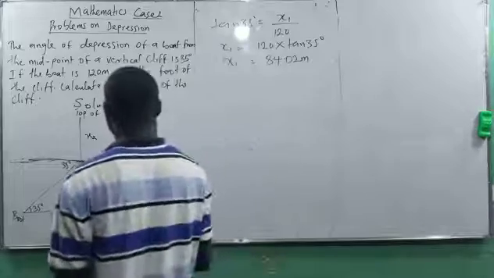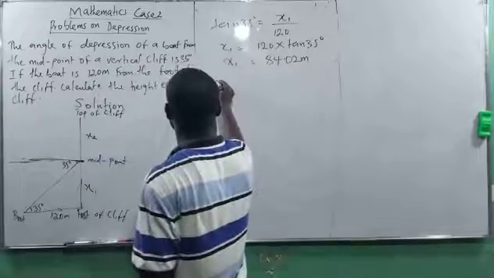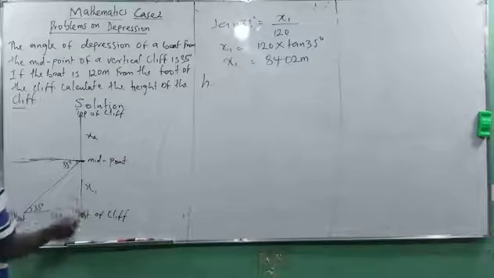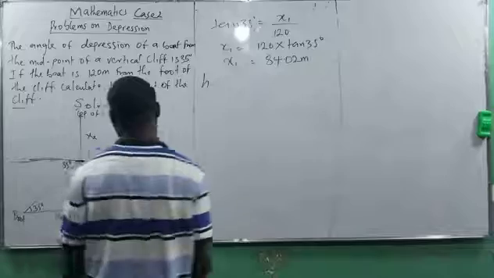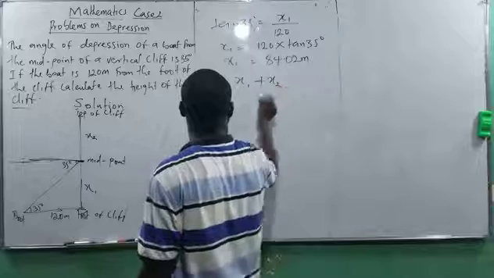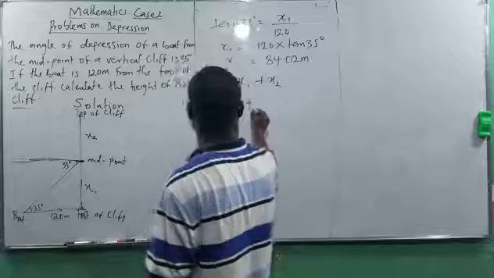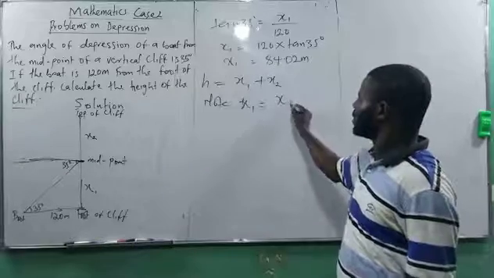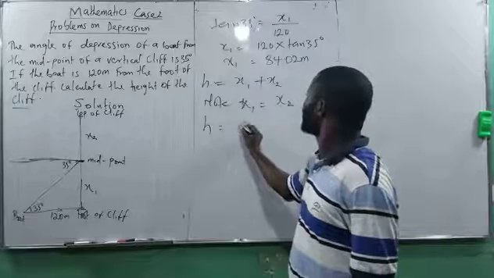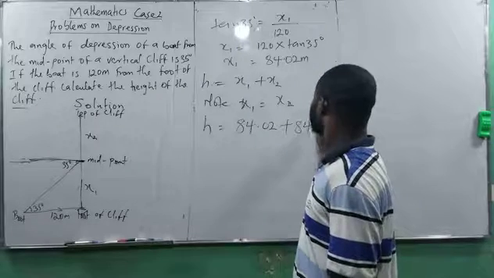Now I know that the height, I'm talking about the height of the cliff. Now it means from here to here, that is the height. I'm talking about height, which is x1 plus x2. Now note that x1 equals x2. Since that is so, it means my height will be equal to 84.02 plus 84.02.